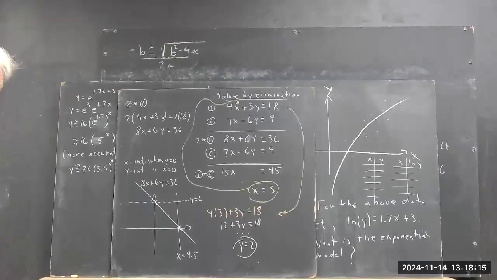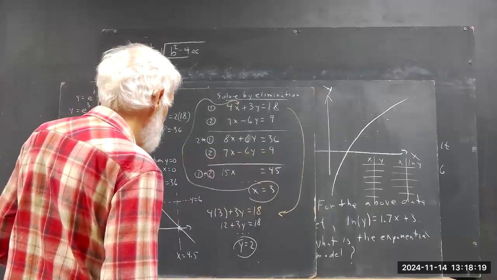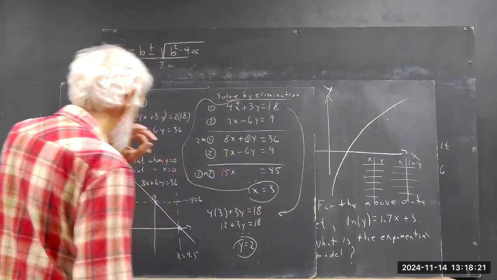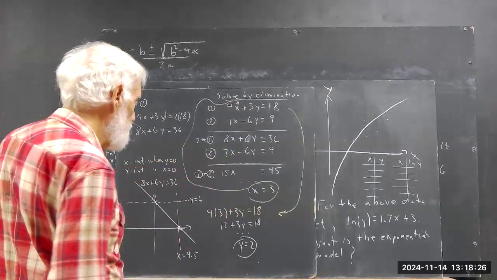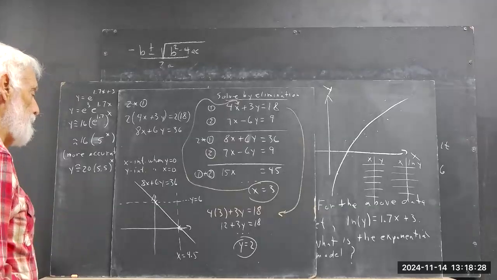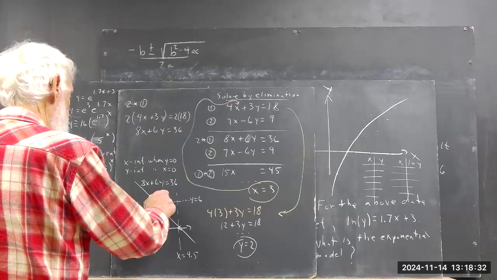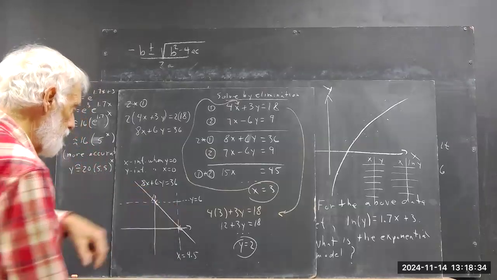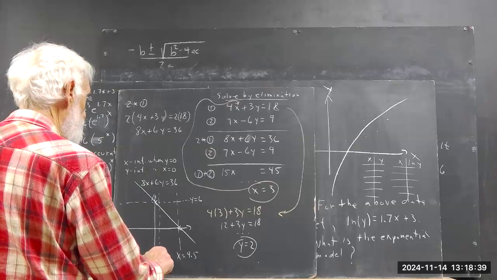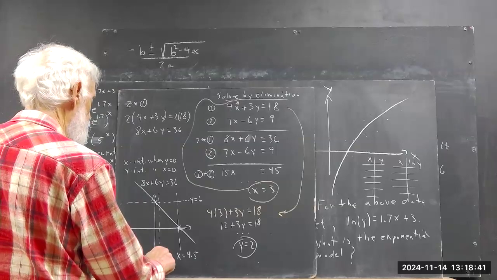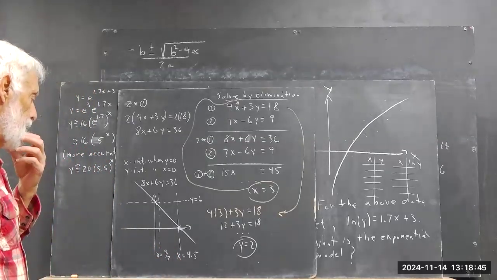Okay. Then we find the intercepts of this equation. Well, if y equals 0, we get 7x equals 9. So x would be 9/7. Now 9/7 is just a little more than 1. And if this is 4.5, then there's x equals 9/7.